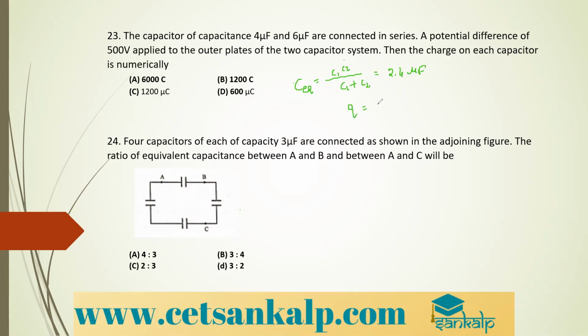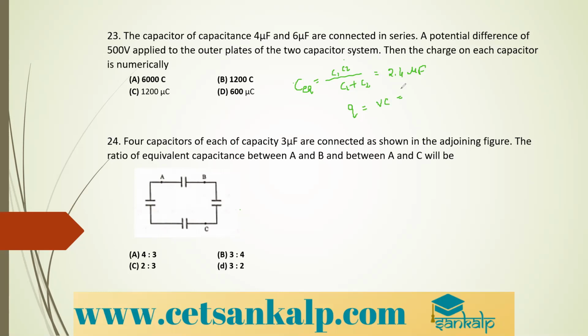Therefore, charge flow is equal to V into C. V is given as 500 volt and C is 2.4 microfarad, that is 2.4 into 10 raised to minus 6. Therefore, 500 into 2.4 into 10 raised to minus 6 is nothing but 1200 microcoulomb. That is option C is the correct option. Option C is the correct option.